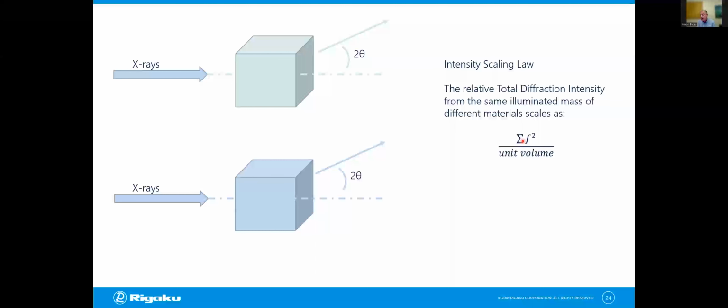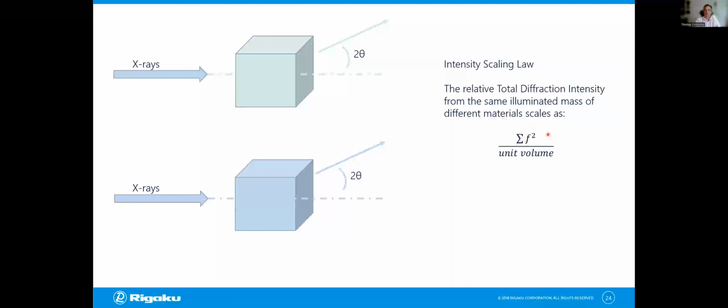So, for example, F squared for hydrogen, the F there is going to be the number of electrons in hydrogen, approximately, which is 1. So F squared is 1. And for oxygen, let's say we've got 8 electrons, so F squared is going to be 64. So if you compare hydrogen to oxygen, oxygen will generate 64 times the scattering intensity that hydrogen does, just as an example.